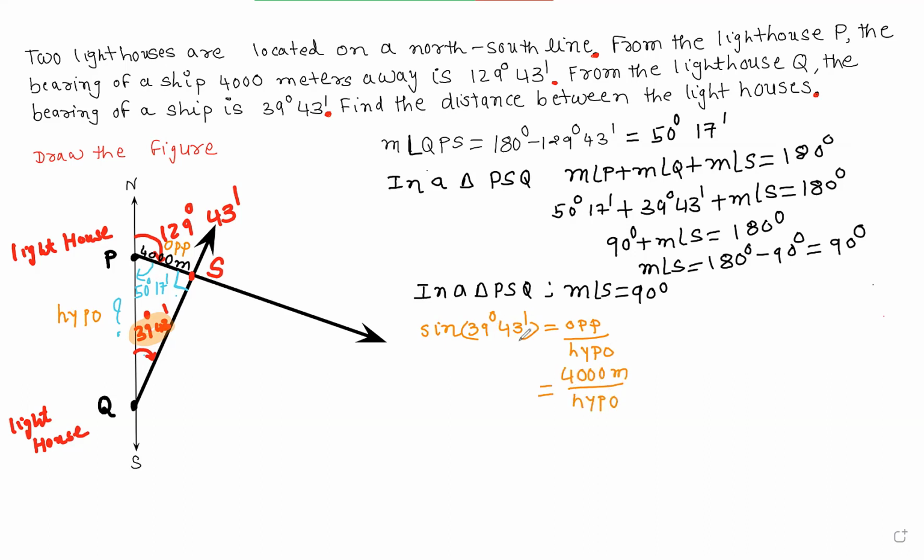And we will change these degrees and minutes into decimal degrees by doing this process. 39 degrees 43 minutes, to change into decimal degrees, we use the plus sign in the middle. Then we will divide the minutes by 60 to change the minutes into degrees. Why?